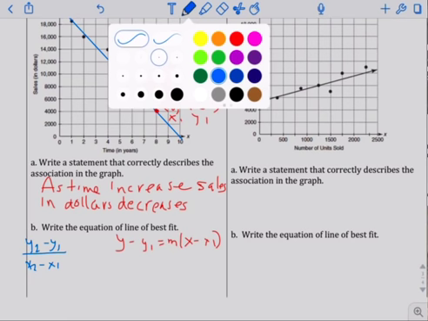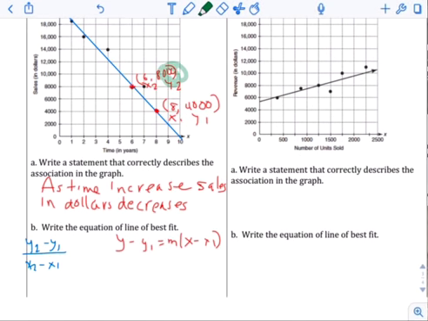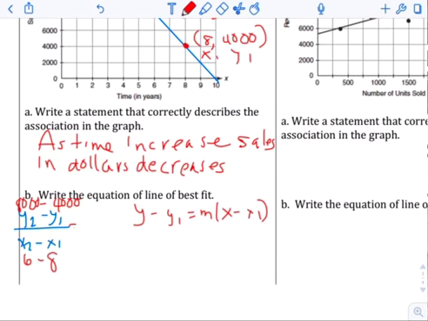Okay, let's see. y2 is 8,000 minus 4,000, over x2 minus x1, 6 minus 8, which is negative 2. You do the additive inverse and divide that. You get negative 2,000 for the slope.